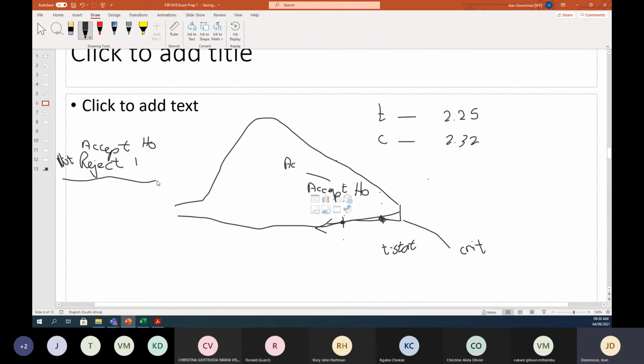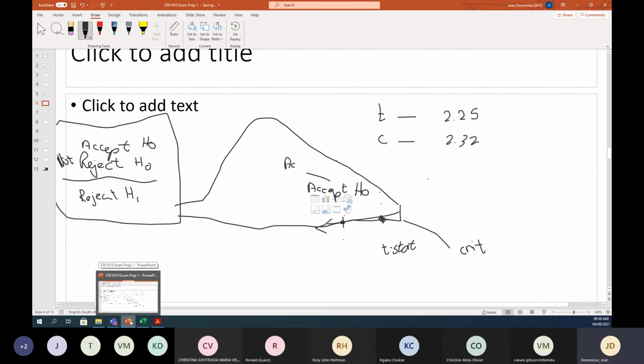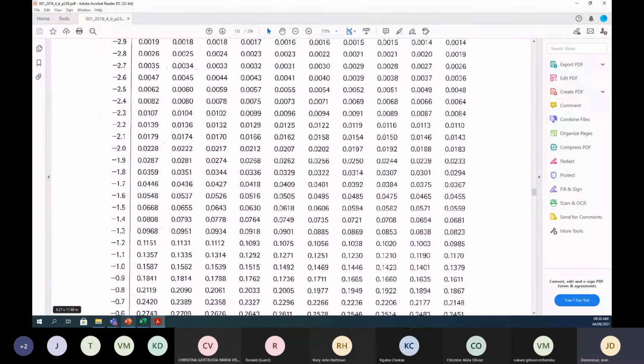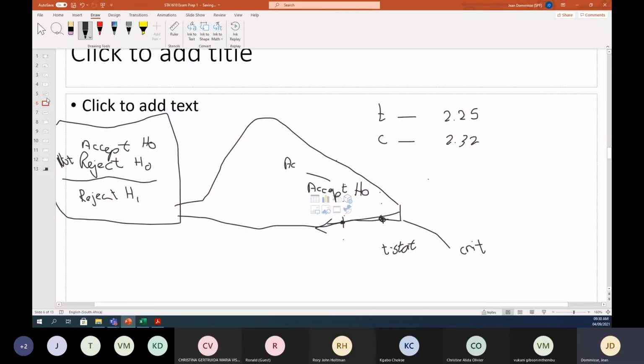Then the other one we could have included in that same one is reject H1. We just need to make sure every time what wording they use in the exam, and I think that is very critical.